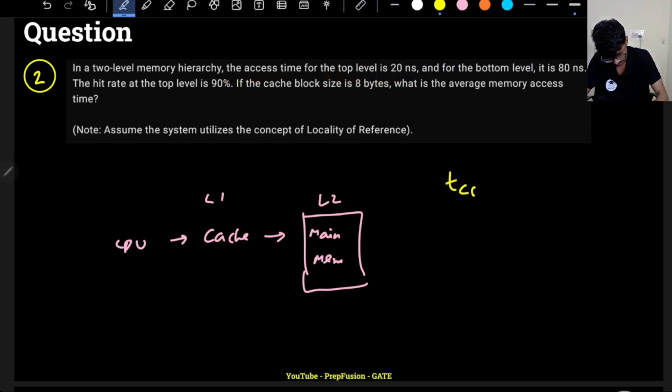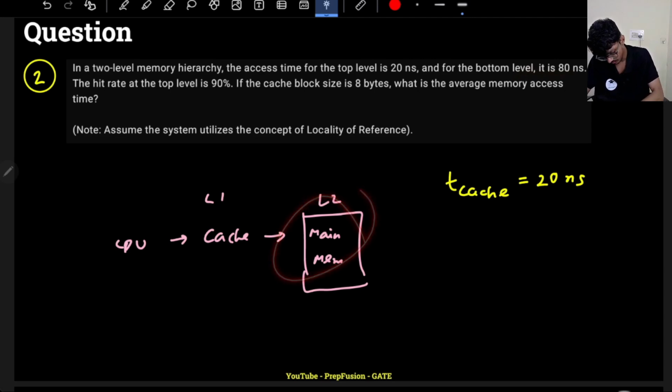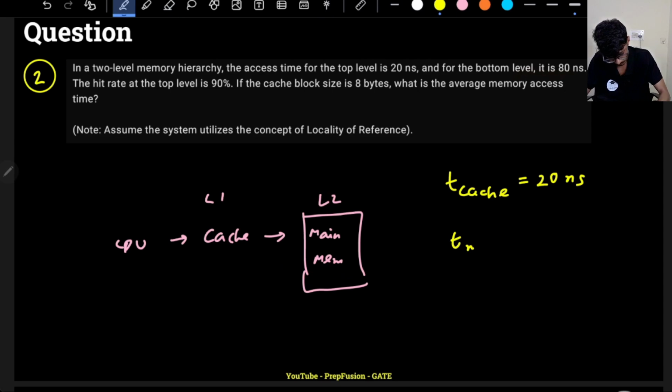So T cache will be 20 nanoseconds, and T memory equals 80 nanoseconds.